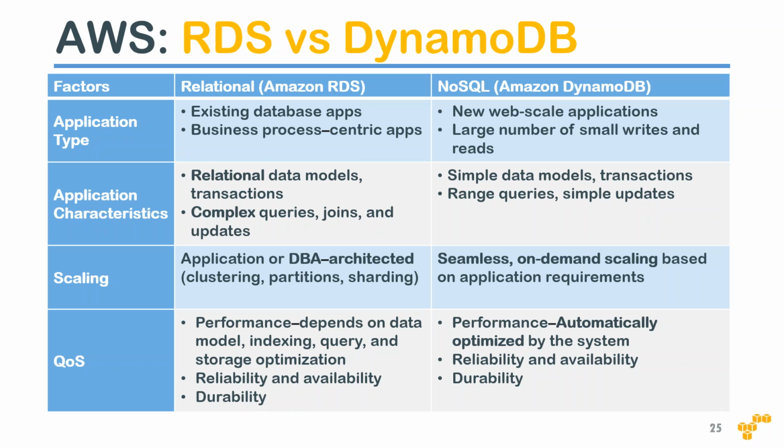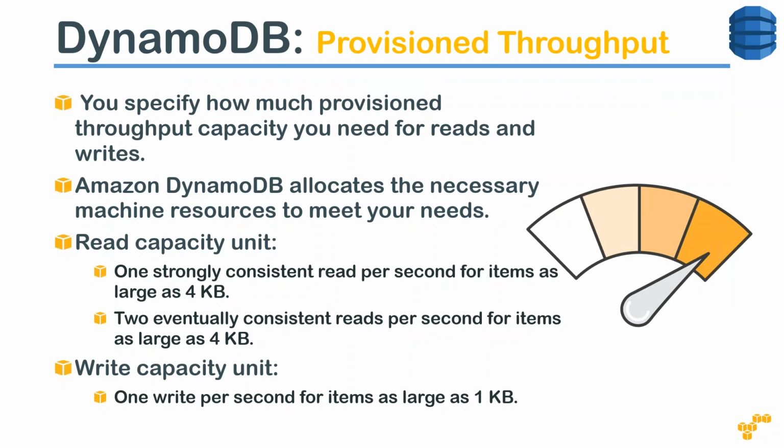But when it comes to DynamoDB, the whole concept is completely different, because the performance is going to be through provisioned throughput. You can have a read capacity or a write capacity defined. You can say that my read capacity needs to be 4 KB and provide me consistently 4 KB of read from today onwards.